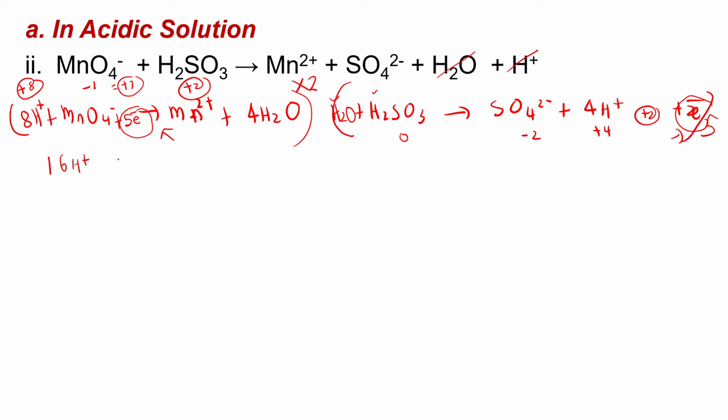Here I write again: 2MnO4- plus 16H+ plus 10 electrons produce 2Mn2+ plus 8H2O.